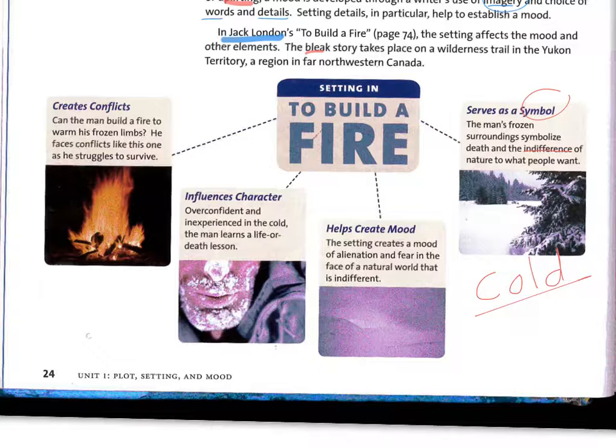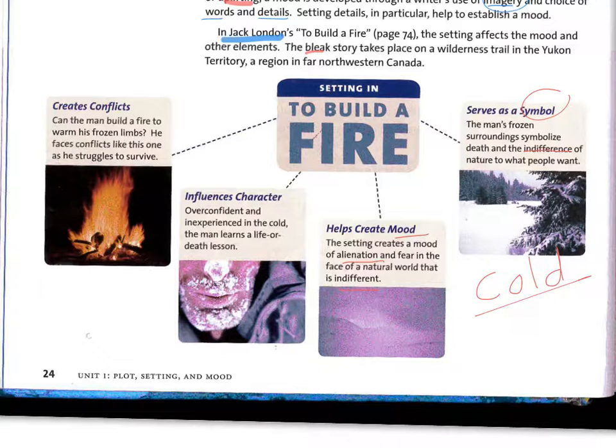So that's one element, but let's focus here on mood. The setting creates a mood of alienation and fear in the face of a natural world that is indifferent, that does not care.